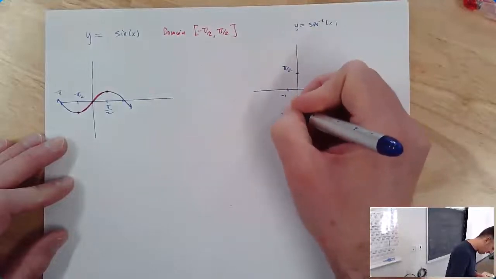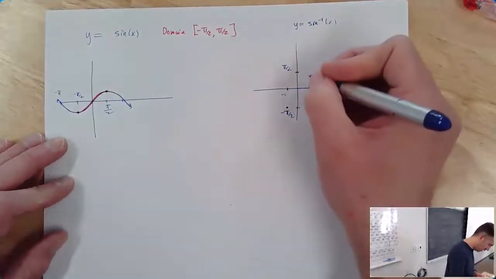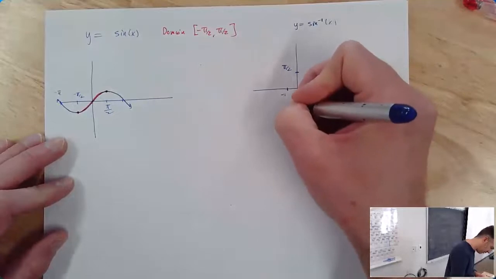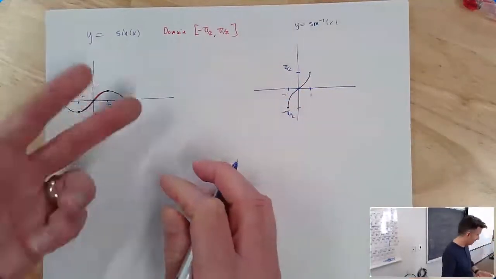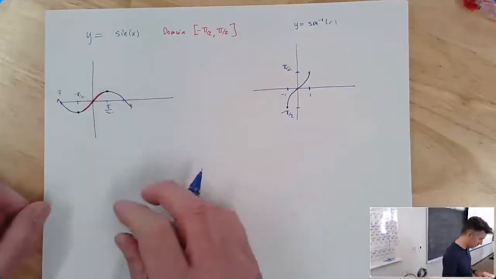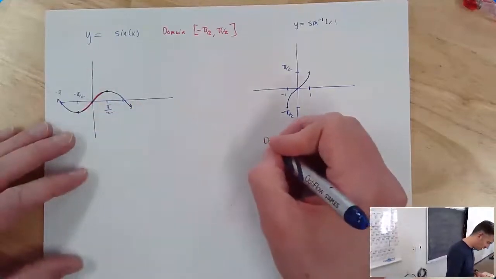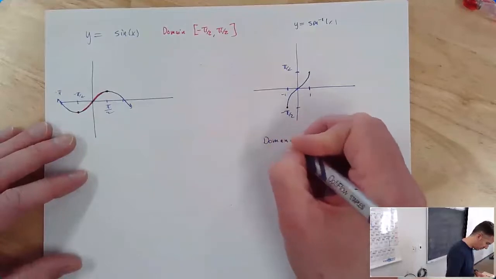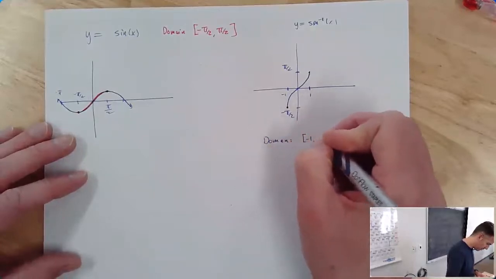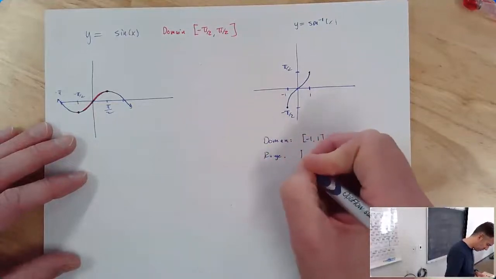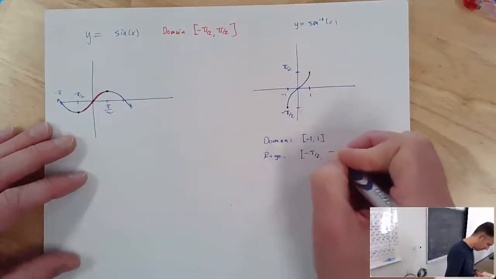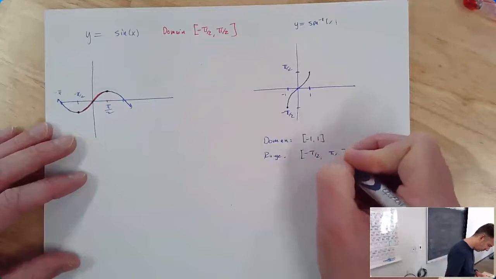Starting down here at -1 comma negative pi over 2 and going up to +1 comma positive pi over 2. And it looks like you've taken that section of the sine function and just flipped it over the line y equals x. And here the domain is everything from -1 to 1. And the range is everything from -π/2 to π/2.